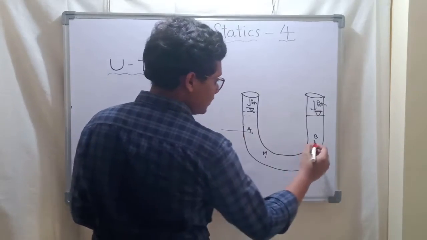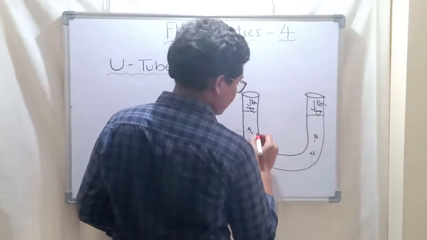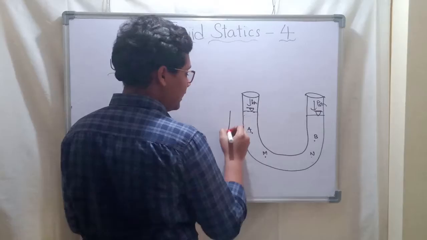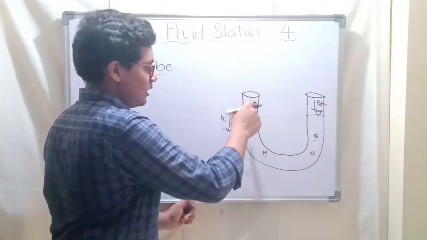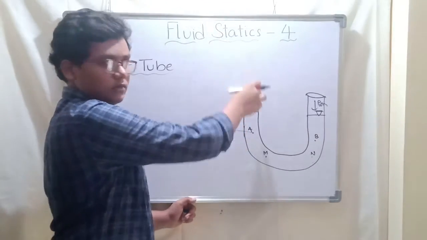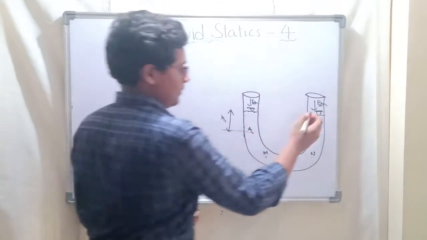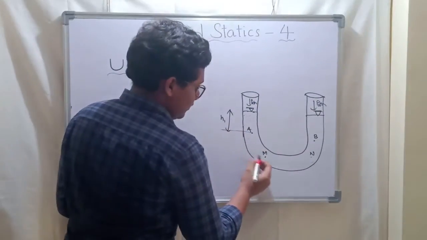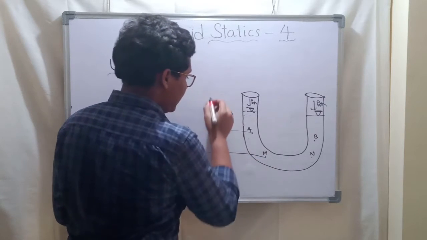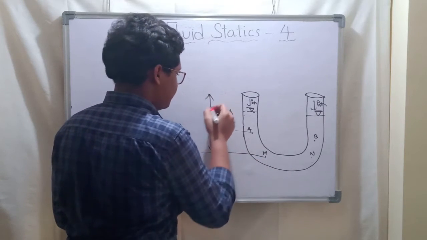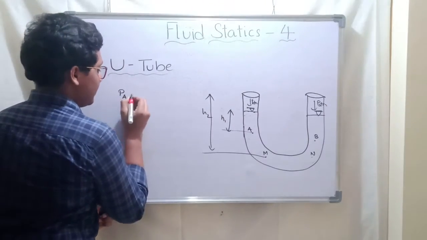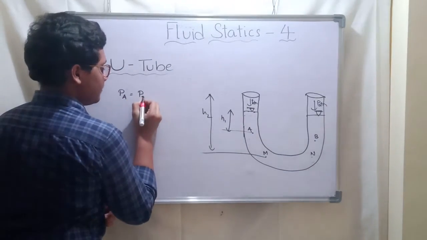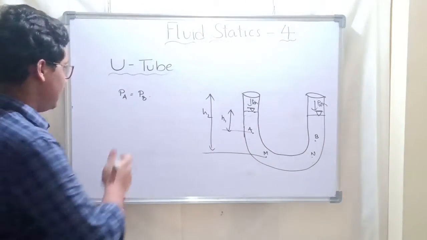See, these both A and B. So the height from the top of the rim is H1, and for point M, the height is H2. So now PA is equal to PB because they both are at the same level.